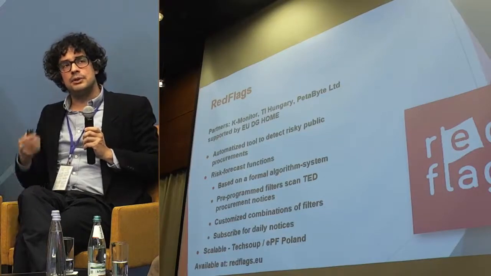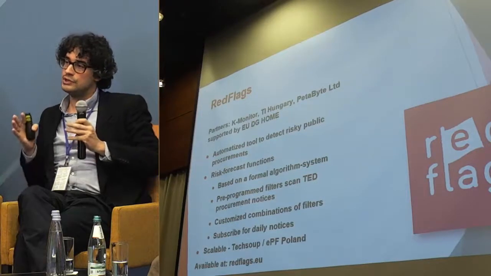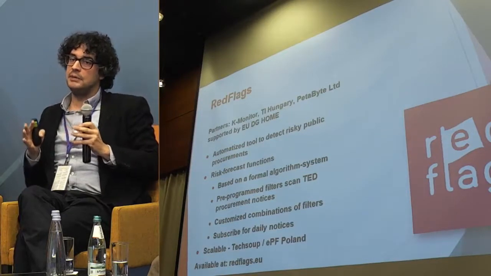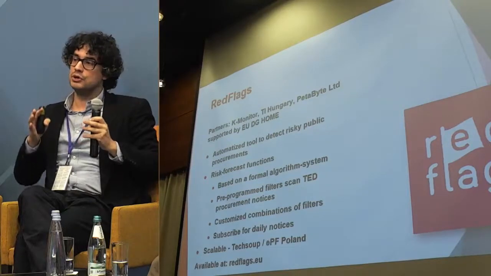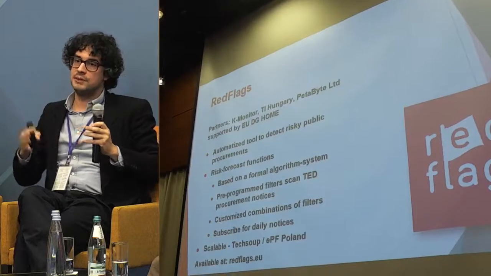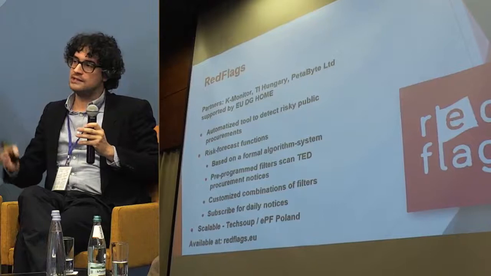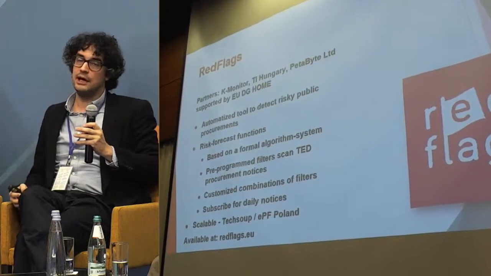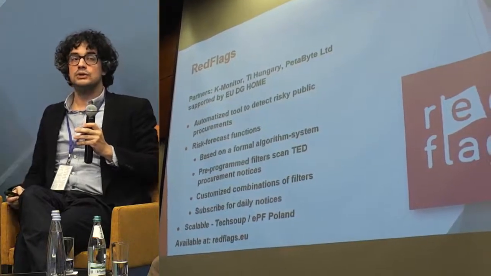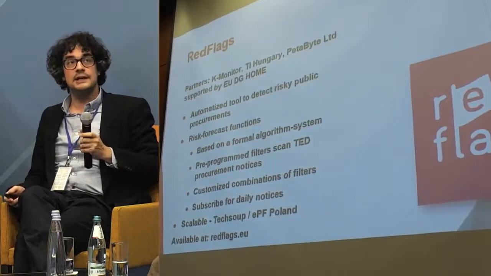Another important thing for us was that we tried to focus on the prevention side, meaning the procurement calls, the moment when a procurement is announced but there is no contract yet. So hopefully by raising awareness and highlighting problems, you can prevent bad contracts from being signed.